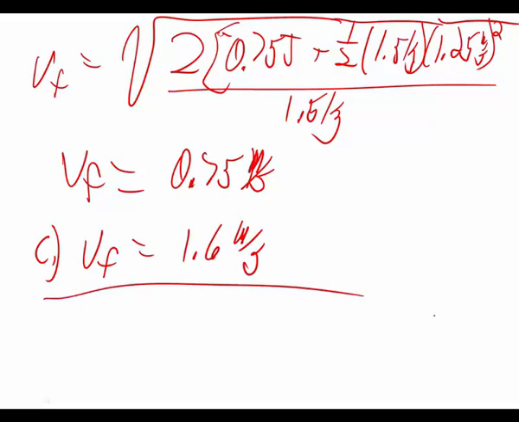Now, y'all, I like problems like that, okay? Because it makes you think about the physics and what's going on, the work and what's going on, all the physics. Put it together and solve, okay? That's a good test question right there. 1.6. It's the same equation, you just plug in positive instead of negative.